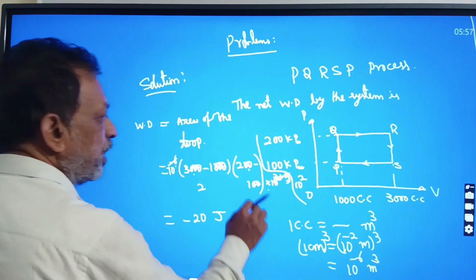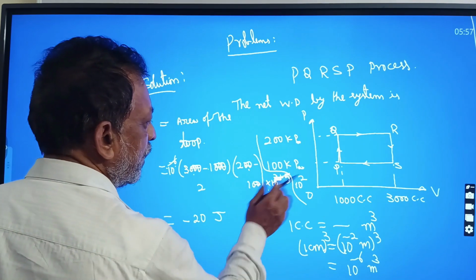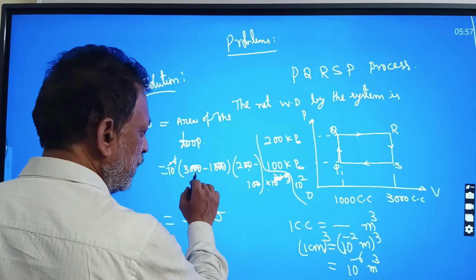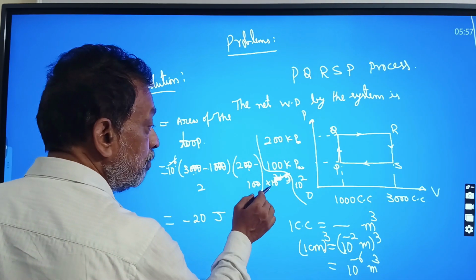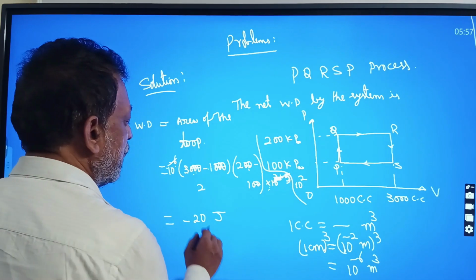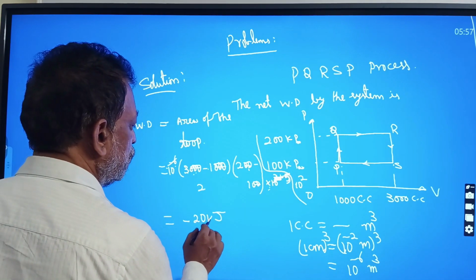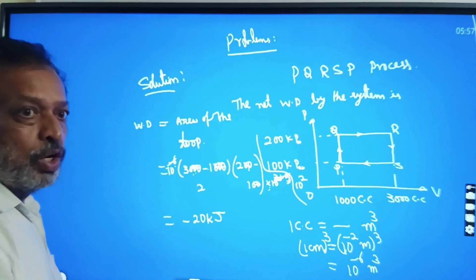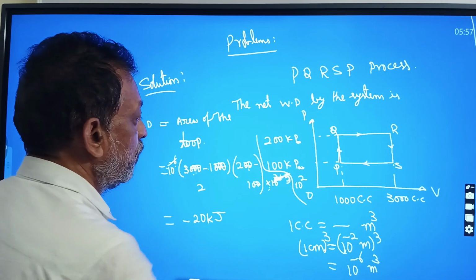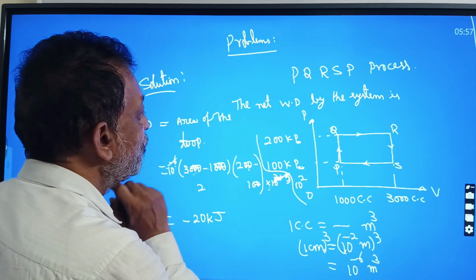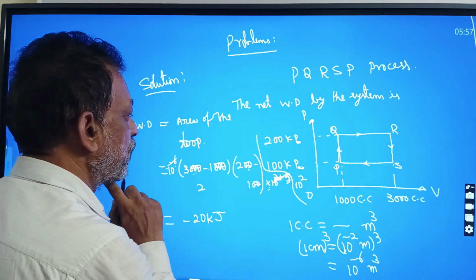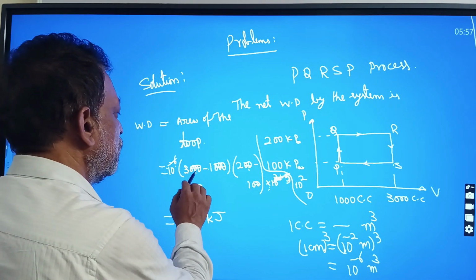So I can say kilojoule. Kilowatt, where do you have to take kilo? That's all. Understood? Kilo, keep it outside.